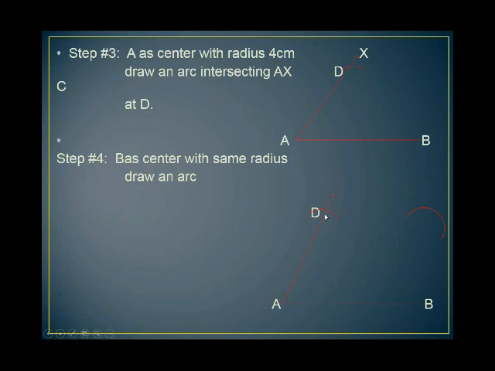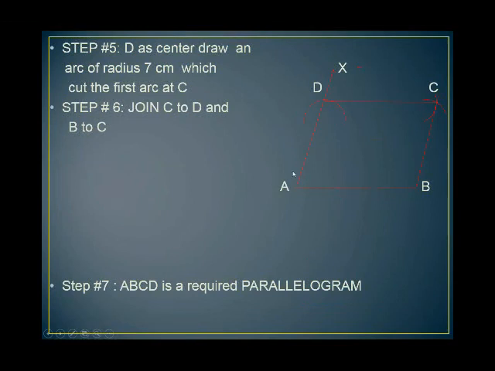Now again, taking B as a center with the same radius, we draw another arc. Why are we taking the same radius? Because we know that the opposite sides of a parallelogram are equal in measure. And now, in step 5, taking D as a center with radius 7 centimeter, that is the same radius as the baseline AB, we draw another arc.